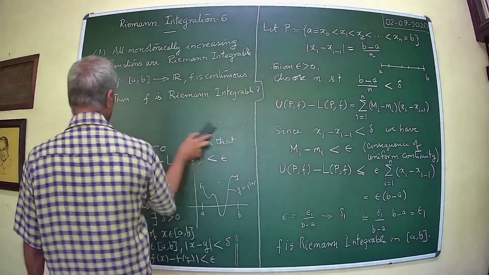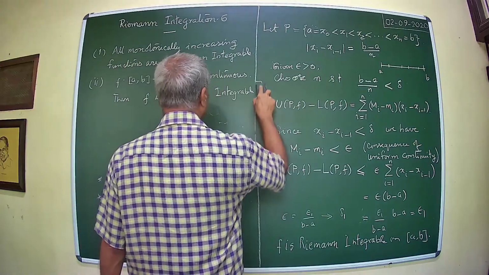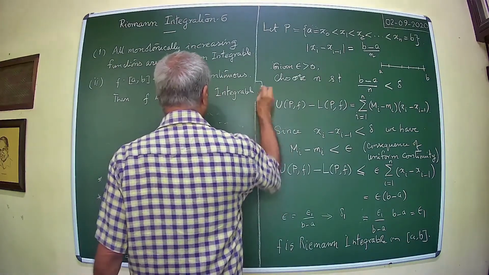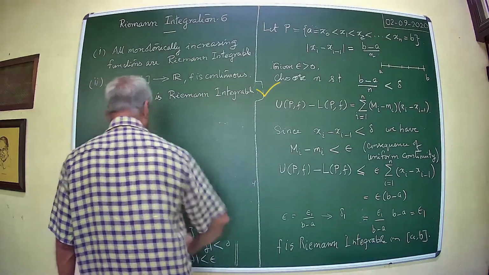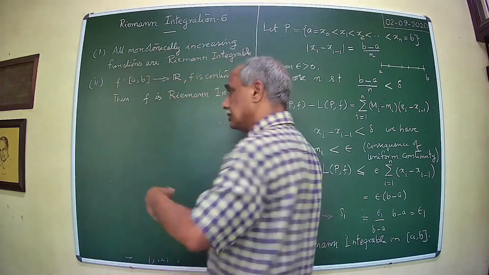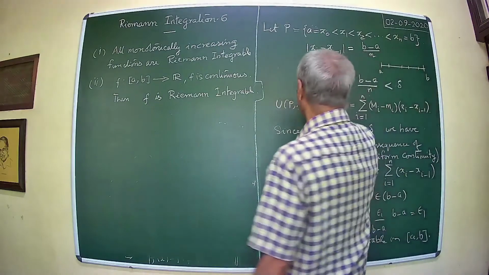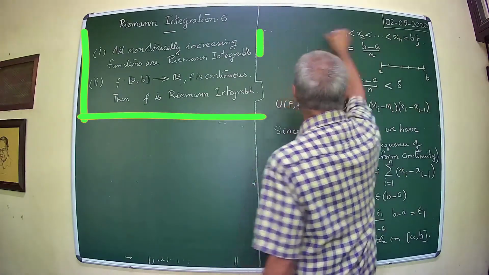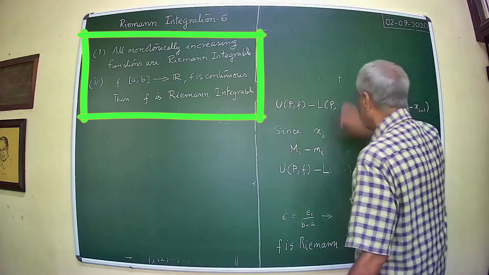So I think I can remove the question mark here. We have proved that it is Riemann integrable. So all monotone functions are Riemann integrable, and in fact I have written here monotonically increasing. You could as well do it for monotonically decreasing functions. Because if f is monotonically increasing, then minus f is monotonically decreasing.